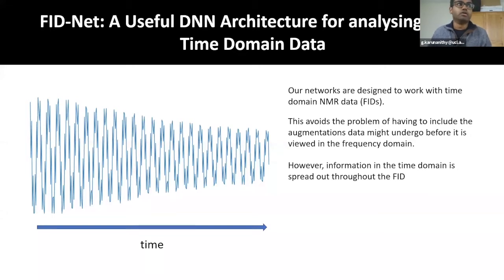A lot of work that's gone into deep neural networks to date, especially in image recognition, is about recognizing localized things and spatial things that are close to each other. So this presents a slightly different challenge. To address this, one thing I noticed early on was that FIDs look a bit like audio signals.